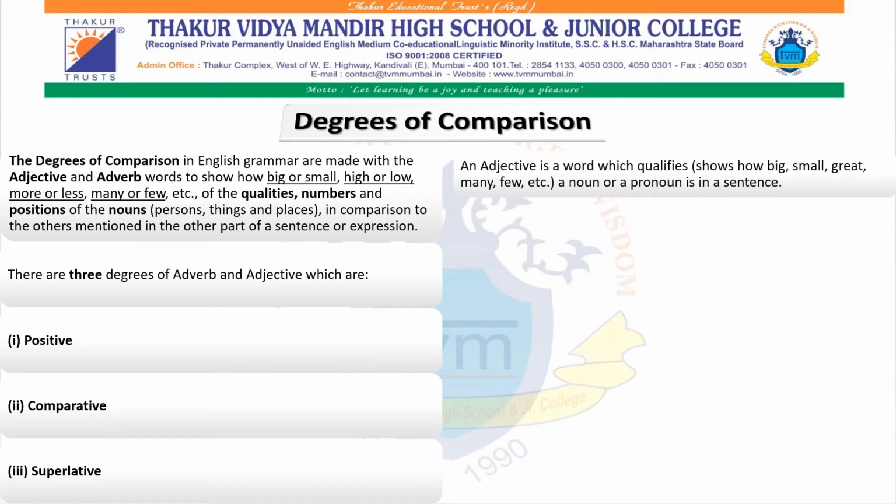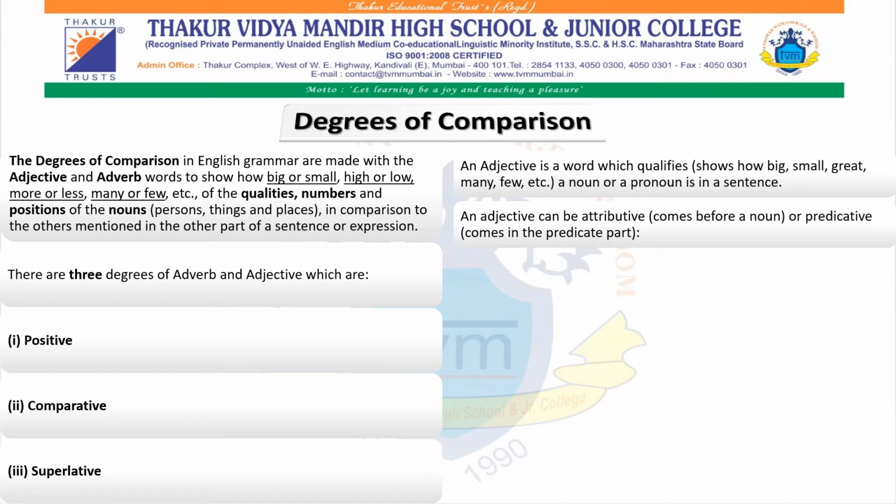Okay, let's recall, students. An adjective is a word which qualifies or shows how big or small, great, many, few, etc. a noun or a pronoun is in a sentence. An adjective can be attributive, that is, it can come before a noun, or it can be predicative, that is, it comes in the predicate part.